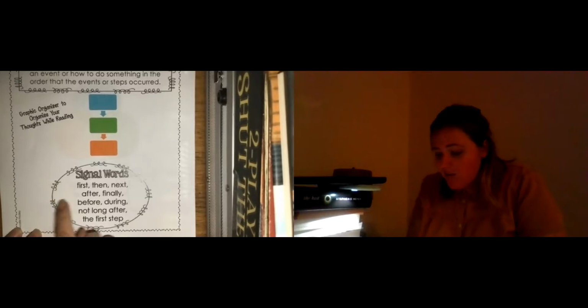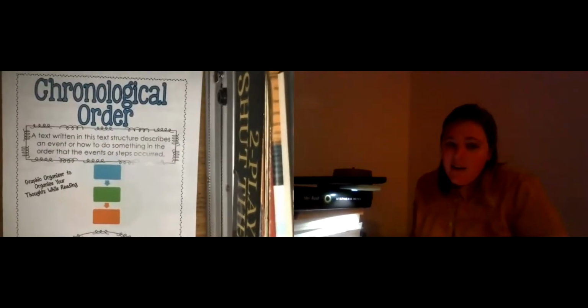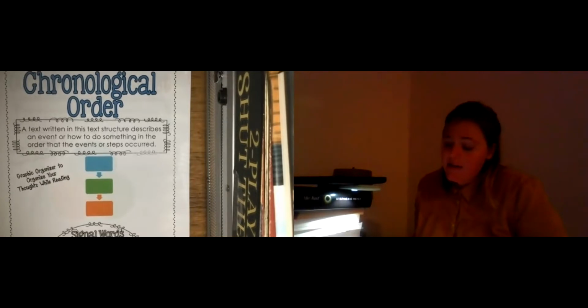Then signal words for sequence and order would be words like first, then, next, after, finally. All these words are telling you the order in which something is happening, right? Before, during, not long after, the first step. If you see a lot of words like that, then you might be reading a text that is written in chronological order or sequence.